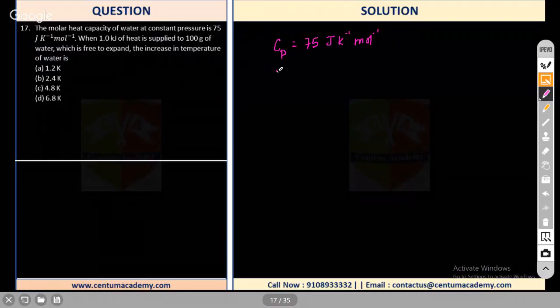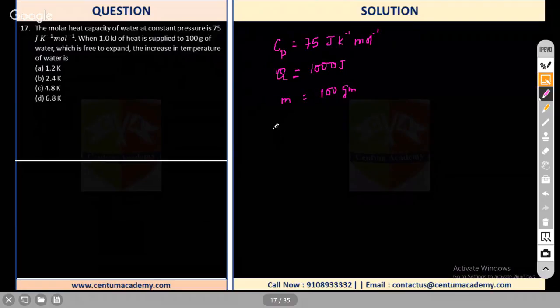Mass is given, that is, oh sorry, Q is given heat, 1 kilojoule means 1000 joule. Okay, and mass is given, that is 100 gram of water. See, first of all, these are the data given.